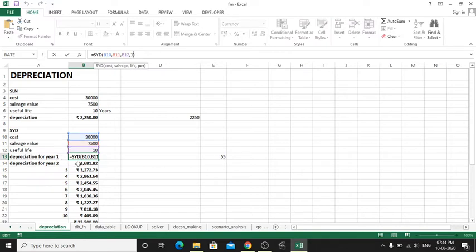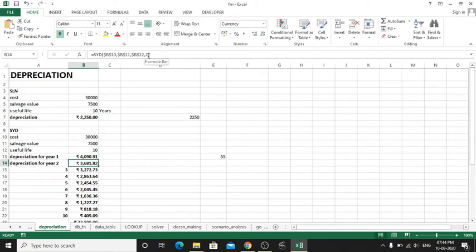If you are finding the depreciation amount for the second year, you have to pass the last argument, or PER, as 2. So according to the year, we have to pass the last argument. If you are finding the SYD or the depreciation amount for year 8, the last argument will be 8. That is the only difference between SLN and SYD, since SLN doesn't have any fourth argument; it has only 3 arguments: cost, salvage and useful life.